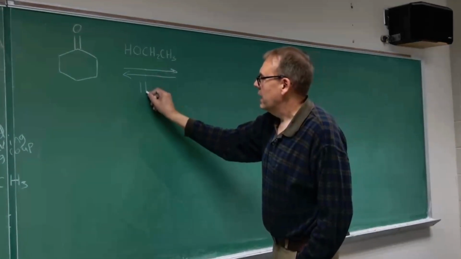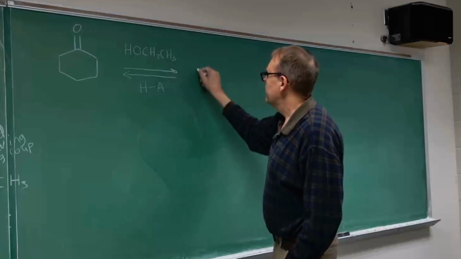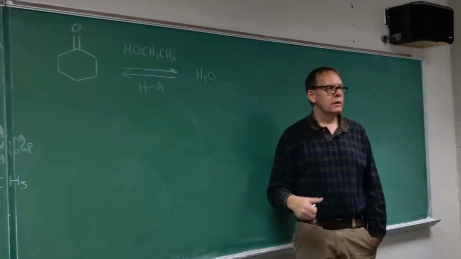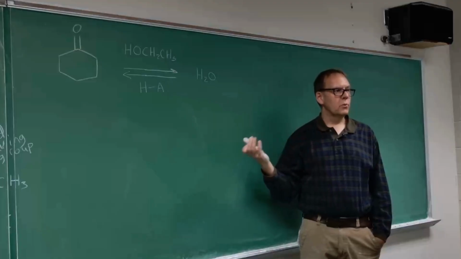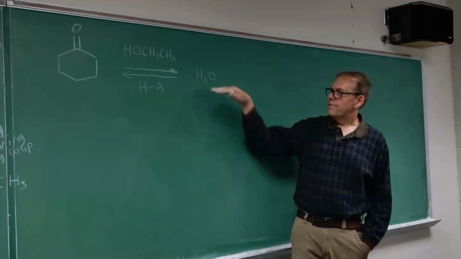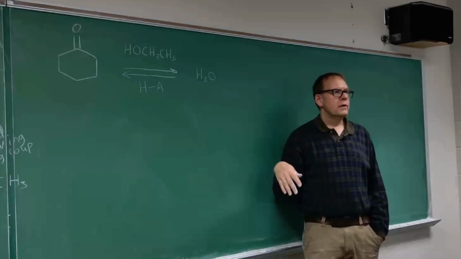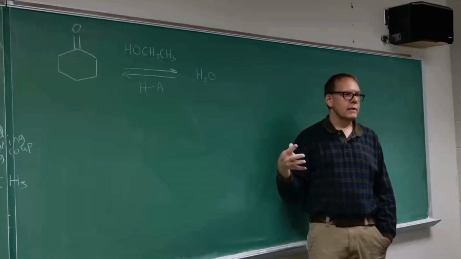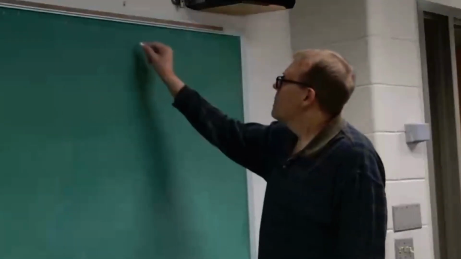And there'll be an acid, HA. And I'm going to give you a little hint. I'm going to say that water is a product, and I'm going to ask you to predict what is the missing organic product. The fact that you're seeing water should be a clue that you formed an acetal and not a hemiacetal. Here's another thing that you can rely on and use.